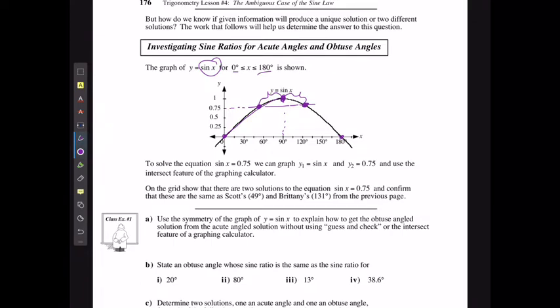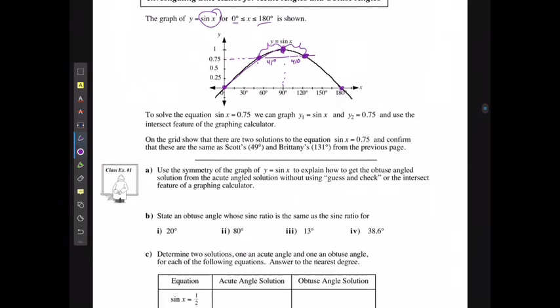In this case, I can see that Scott's 49 degrees is 41 degrees away from 90. I can see that Brittany's 131 degrees is also 41 degrees away from 90. It's just that one is 41 less than 90, and one is 41 more than 90.